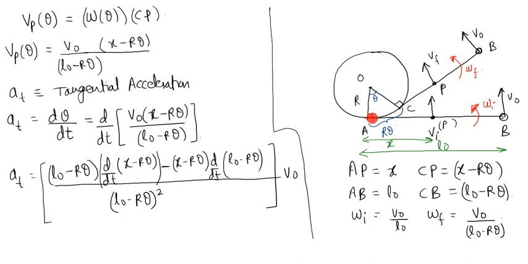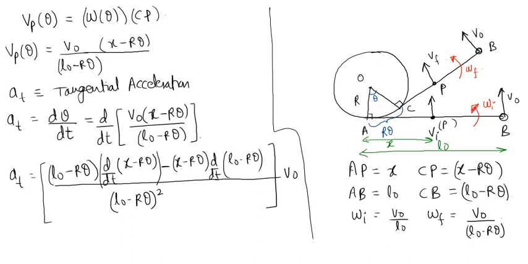If this angle is theta, the length of the part which was unwrapped initially and which got wrapped during this time interval will be equal to r theta. So this was the initial position of the string and this is the final position of the string. The string has changed its orientation by an amount theta, and the length of the string that got wrapped onto the cylinder during this process is equal to r into theta.